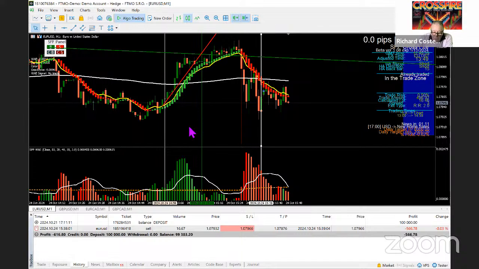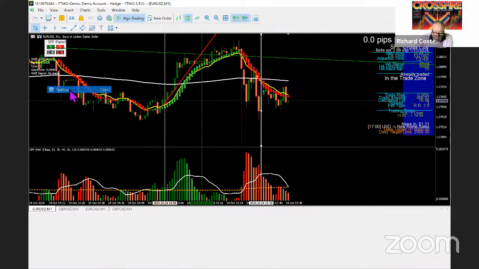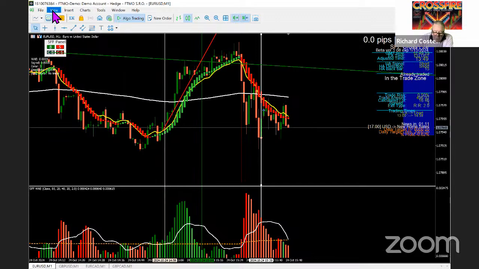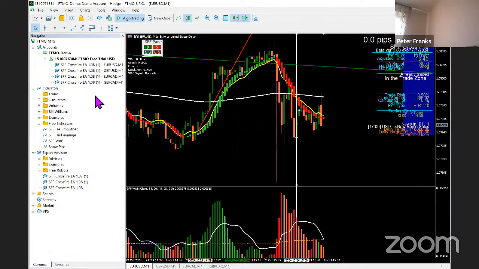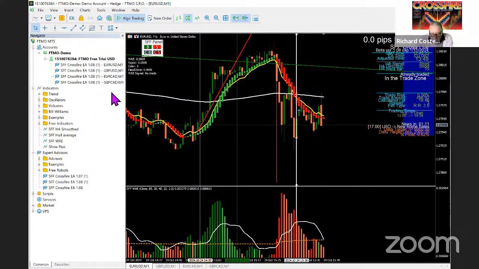The other thing you can do until you get this panel, the instant panel, is I'll get rid of the toolbox and go to navigator. So I'm on Euro USD.